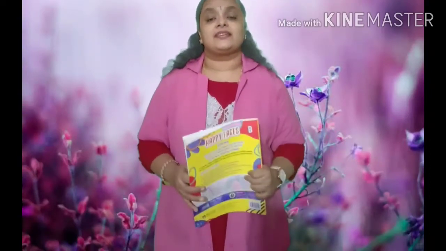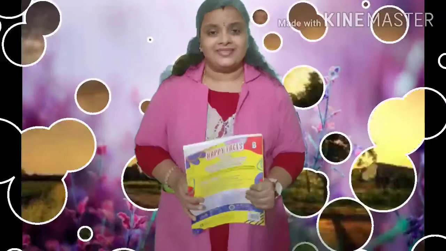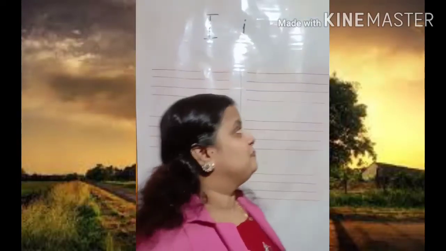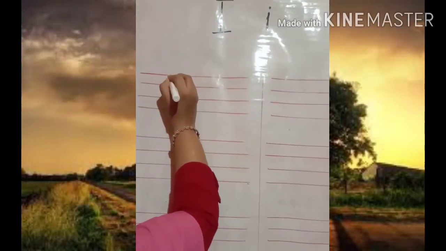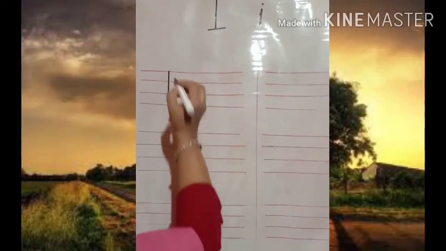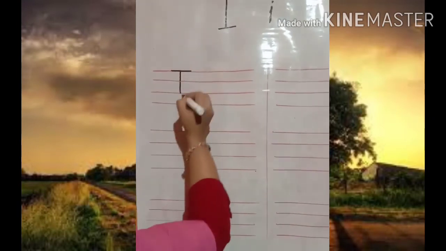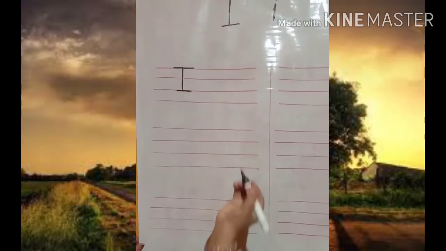Okay, now let's see how to write the letter I. The letter I. The sound is E. First, you have to draw a standing line like this. Then here one sleeping line, here one sleeping line.